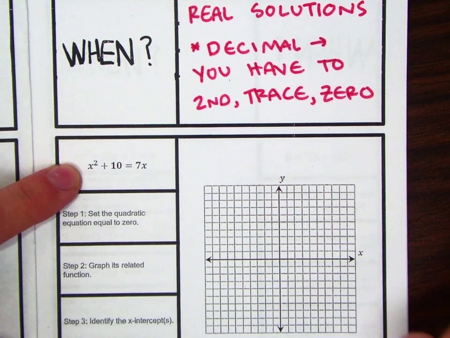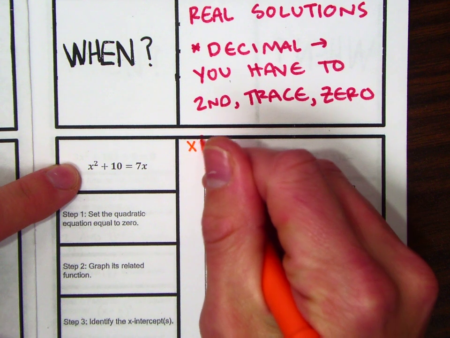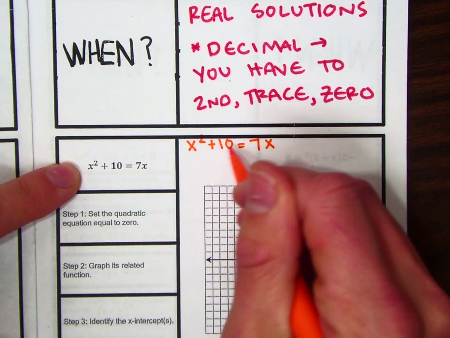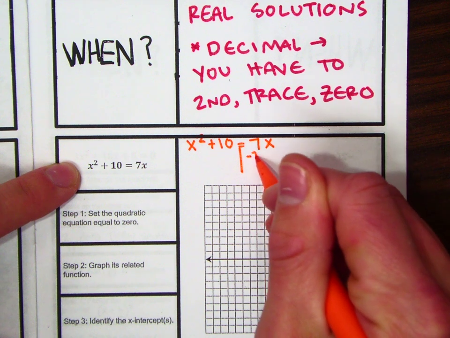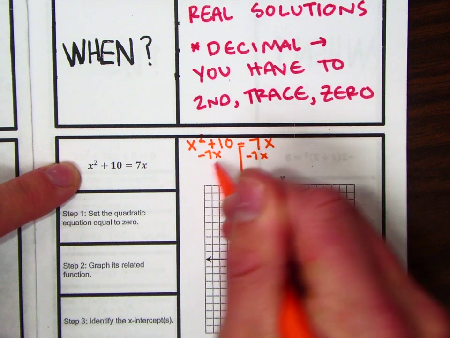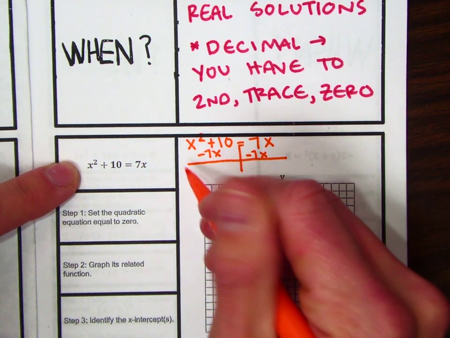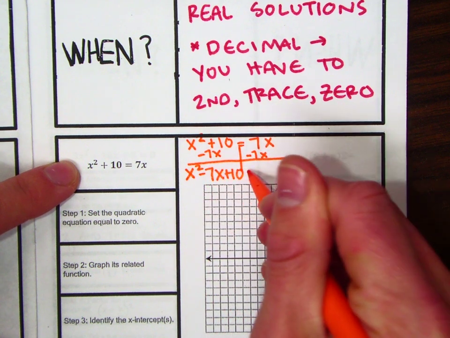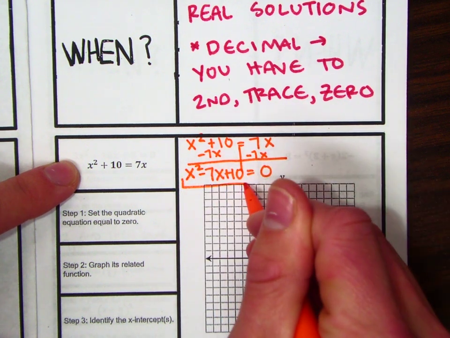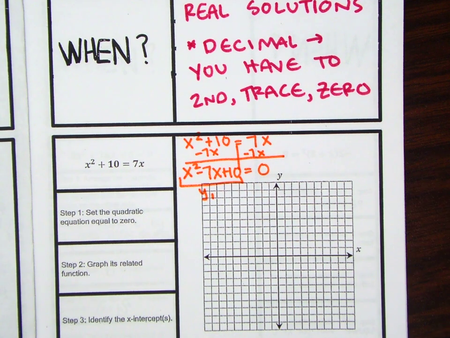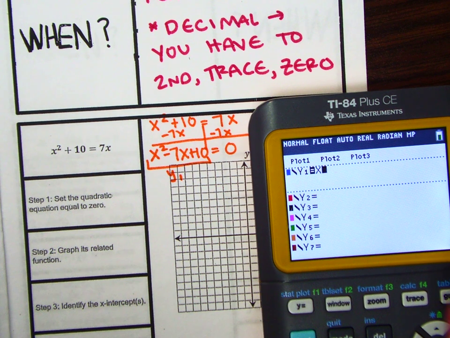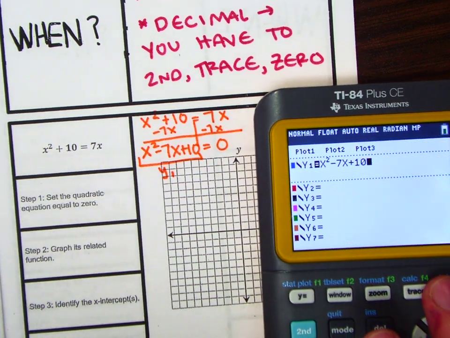All right, so here's my guy. So x squared plus 10 equals 7x. We still need to set this equal to 0, so I'm going to minus 7x. All right, so x squared minus 7x plus 10 equals 0. And this guy right here, we're going to plug into y1. X squared minus 7x plus 10, and I'm going to graph it.